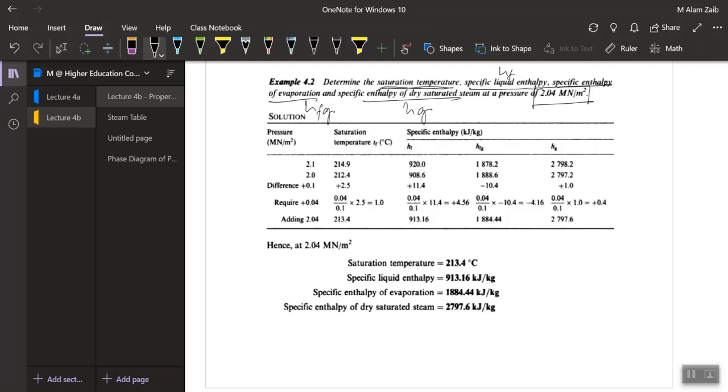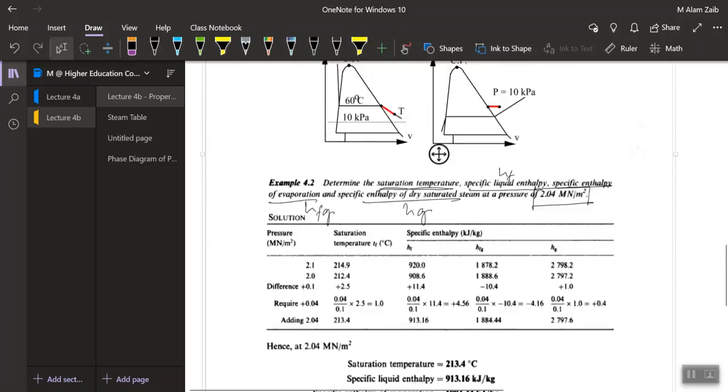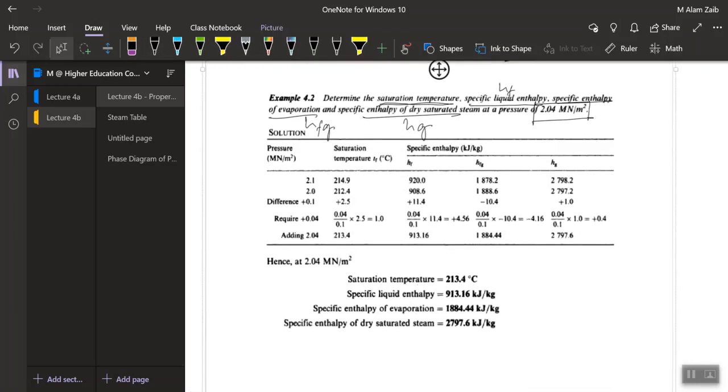Whatever steam table you are looking at, whether it is a compact edition or whatever, the value of 2.04 would definitely not be there. Either you would have a value of 2.0 or a value of 2.1. It would be very unlikely that you would have a value of 2.04. As you can imagine, that's why it is called the compact edition of our steam table.